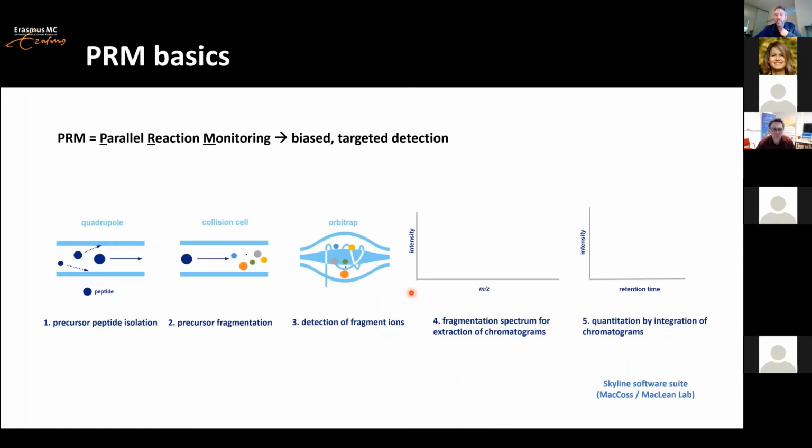And fragment ions are collected and mass analyzed in the Orbitrap at very high mass accuracy and resolution. And this gives then a very specific and often unique fingerprint of the particular peptide shown in step 4 here. And because this fragmentation spectrum is so clean with no background contaminant peaks, accurate quantitation of the peptide can be done based on these fragment ion chromatograms on the right here.